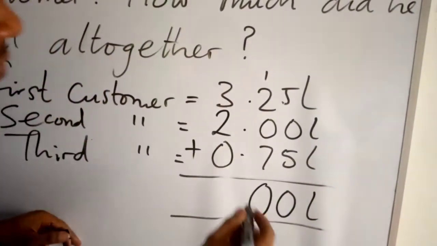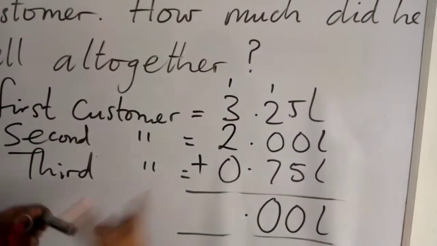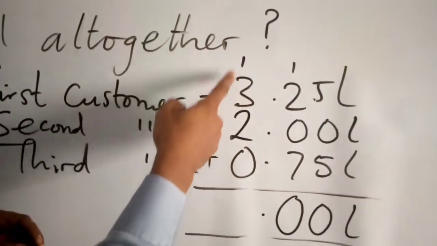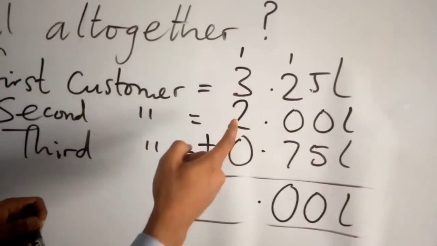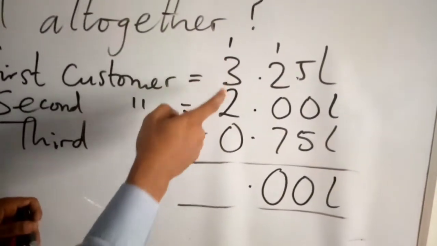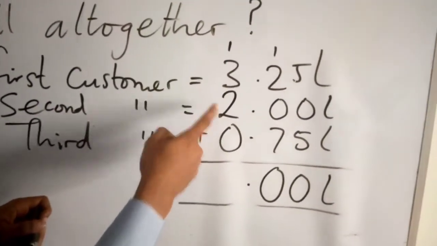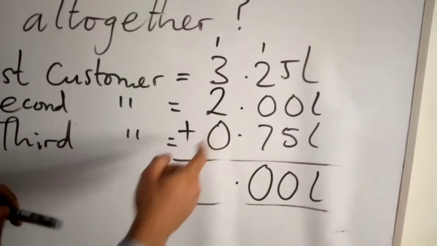You write down your 0, bring up your tens. Remember your decimal point. 1 plus 3, 4. 4 plus 2, 6. 6 plus 0, 6.